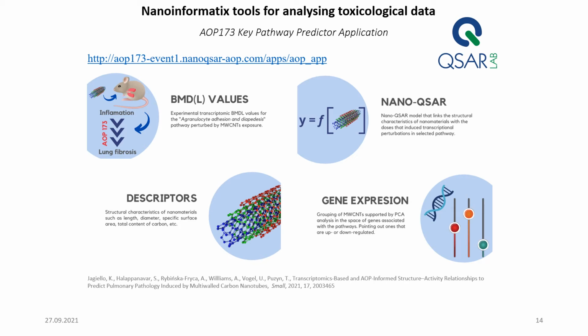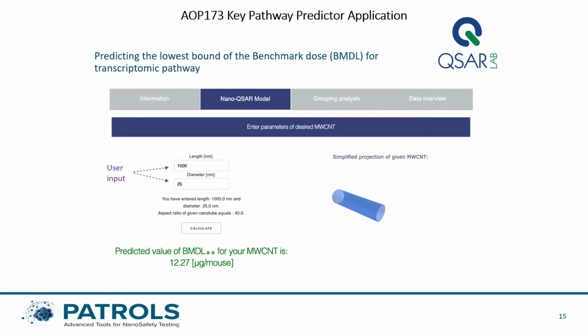So we attempt grouping of multiple carbon nanotubes by looking at the principal component analysis in the space of genes associated with this pathway, and we look at pointing out the genes that are upregulated or downregulated.